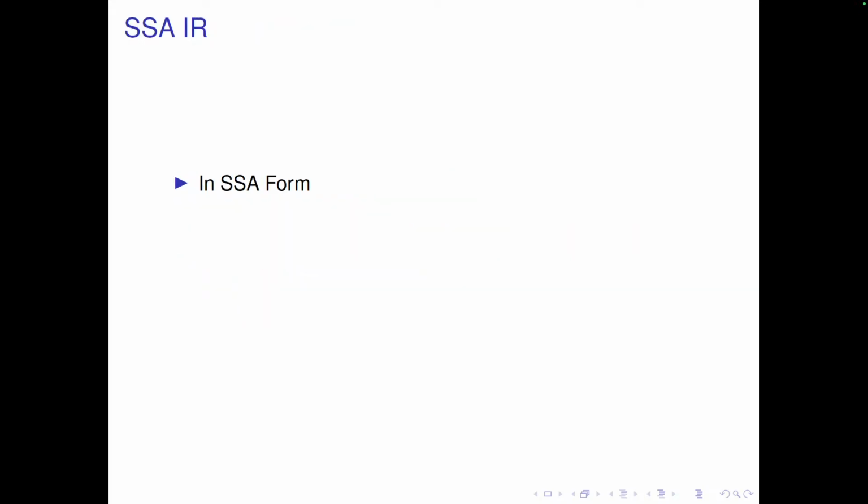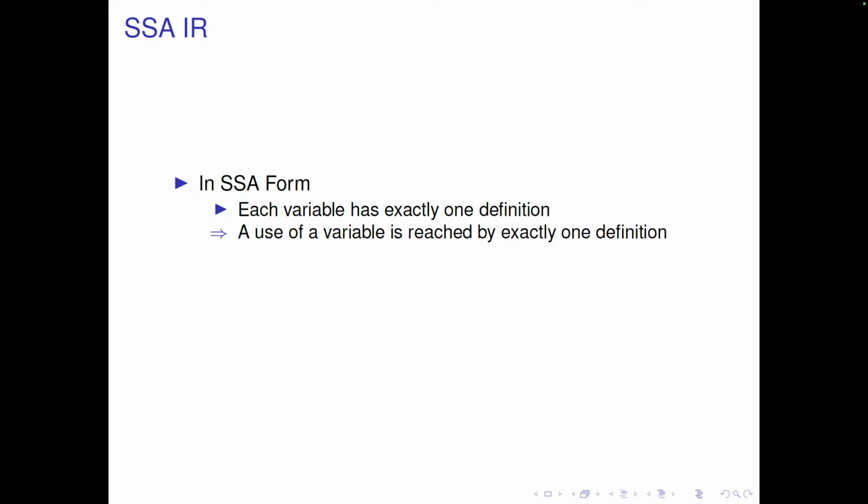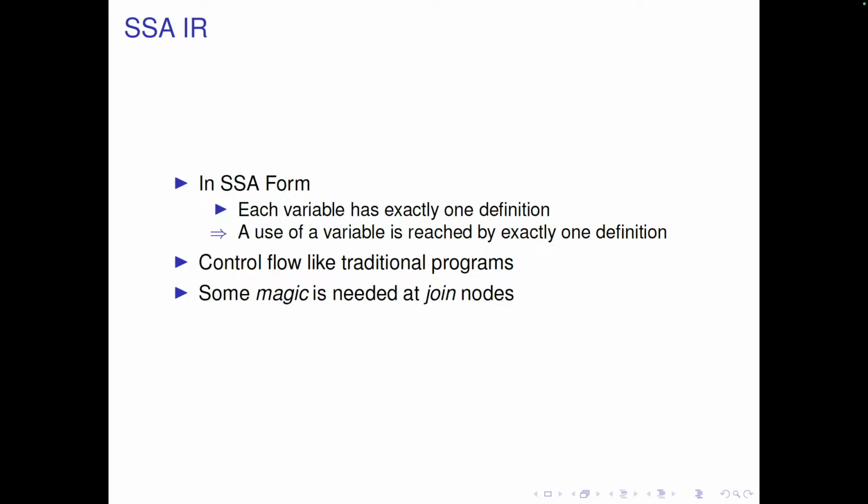So let's look at SSA IR. In SSA form, every variable has exactly one definition. A use of a variable, as a corollary, is reached by exactly one definition. But control flow is like a traditional program. The only thing is that a variable will be defined only once. So this creates a problem, because you have to convert a regular program into SSA form. I think I should have said that.